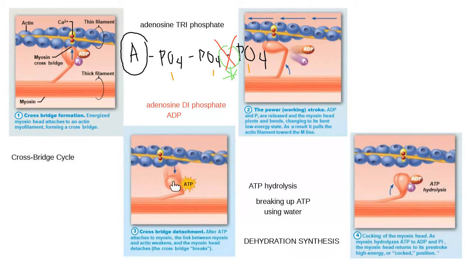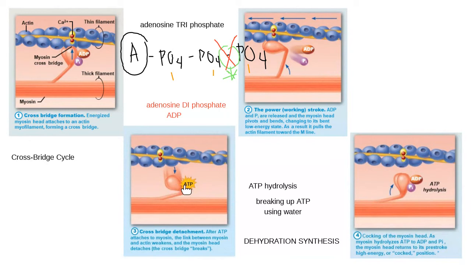What actually makes actin and myosin let go of each other is when a molecule of ATP comes and attaches to myosin. Myosin was like, actin, I love you, but I found someone better. I found ATP. So ATP attaches to myosin and causes myosin to let go of actin.